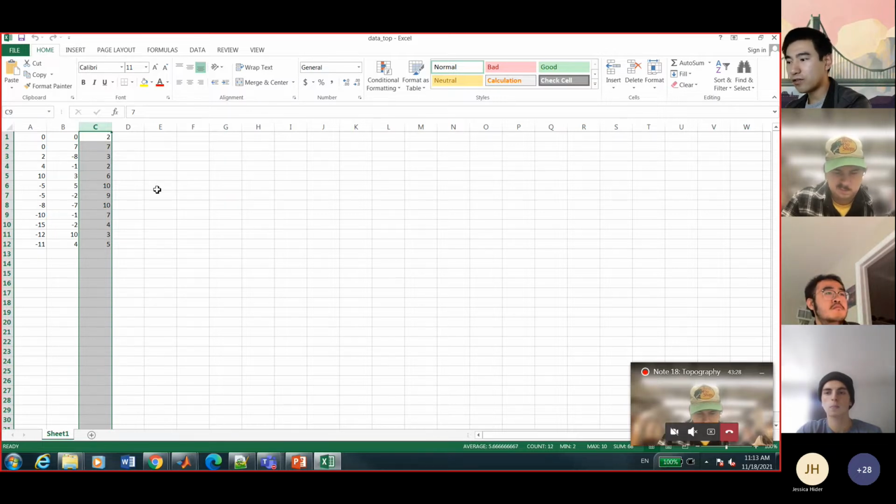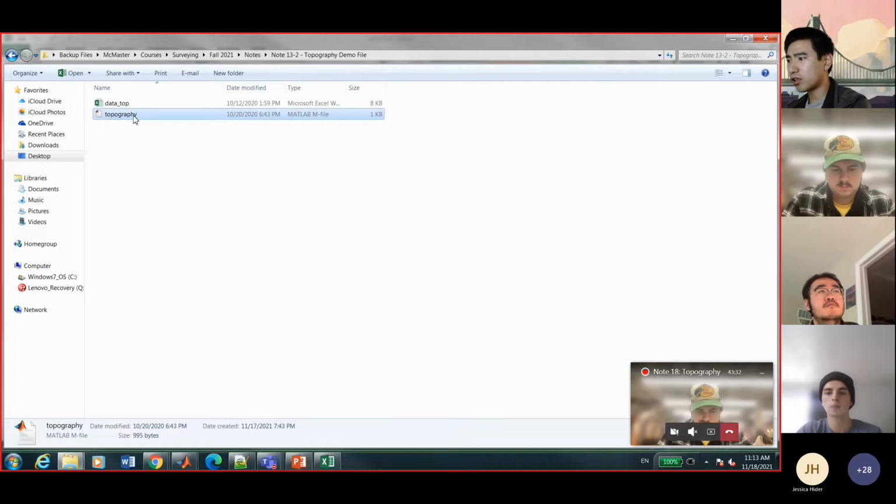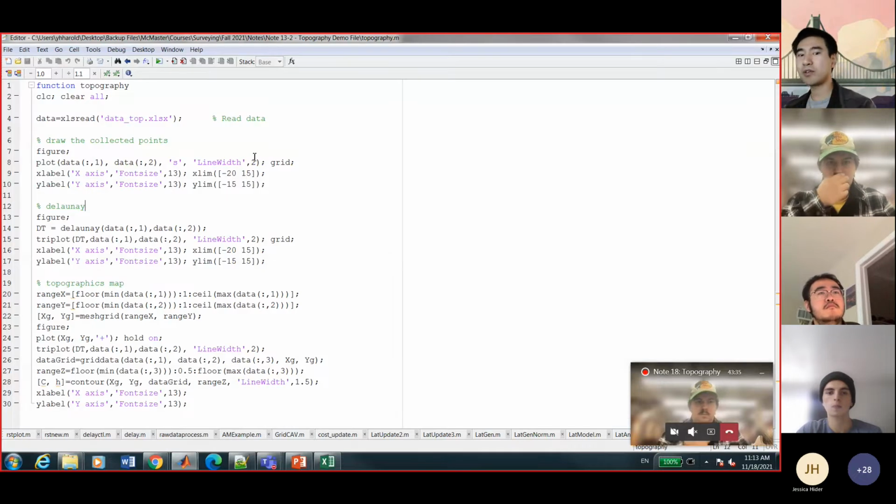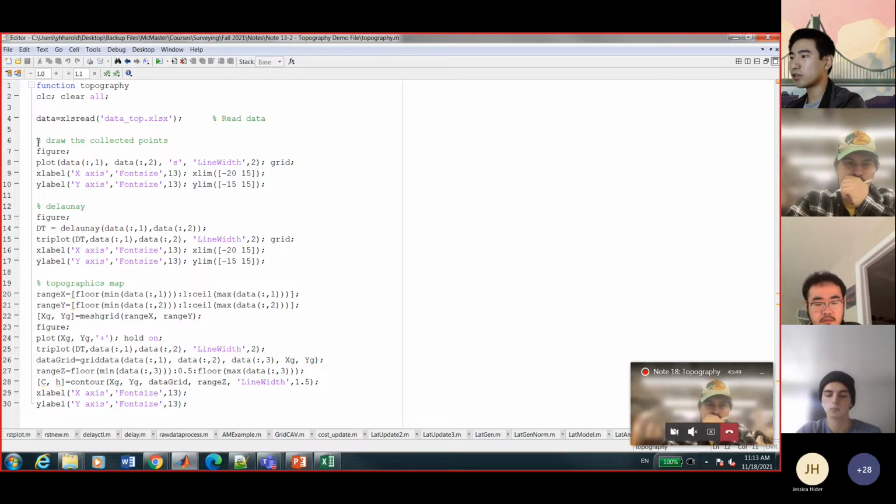You also have another file called topography. Double click that file and open it in MATLAB. It will give you a set of code. So here are several steps for you to read through the code.